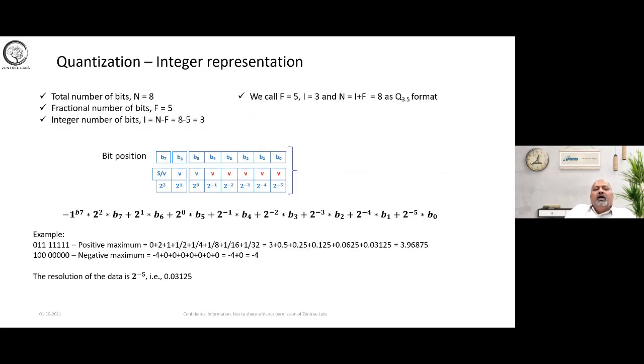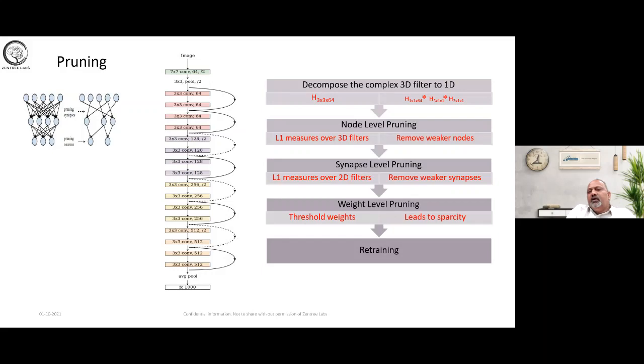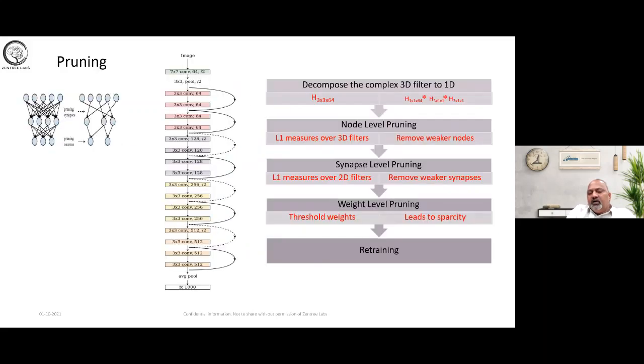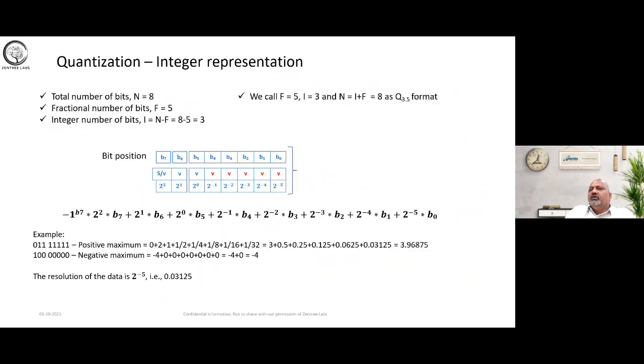Next, when I go back here, the node level pruning part is done. Once I'm done with this pruning, I'm going to the quantization. Just to recollect the things discussed: pruning will help us reduce the number of weights and computes, and ultimately it will also reduce the data moves needed.